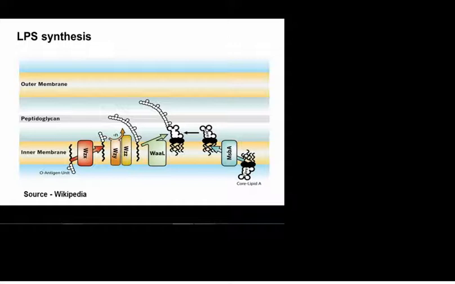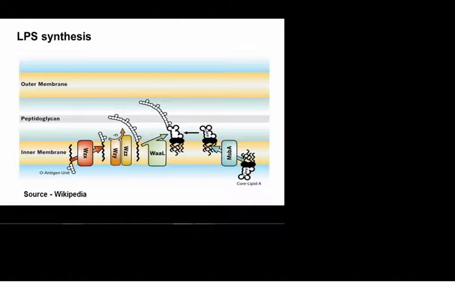The core oligosaccharide is synthesized on the cytoplasmic face of the plasma membrane on lipid A. Once this core has been synthesized, it gets flipped over the membrane, so it's now on the periplasmic face.